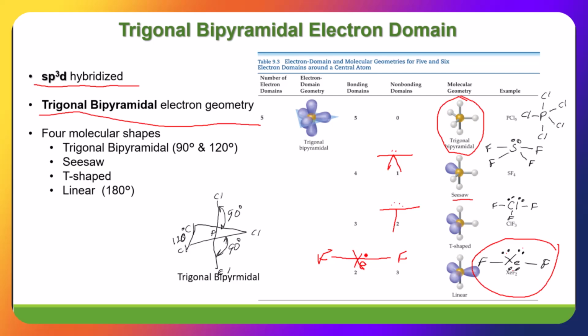I know it's a noble gas, but you've got 3 non-bonding pairs of electrons here, here, and here. And so you still have 1, 2, 3, 4, 5 electron domains. So you still have trigonal bipyramidal electron geometry, but you have a linear molecular geometry. Okay.